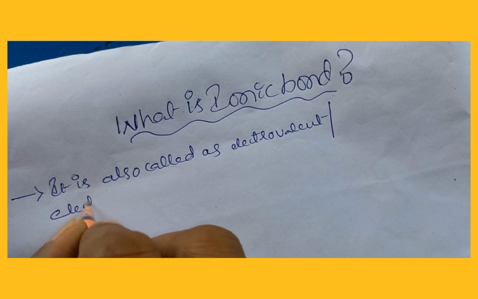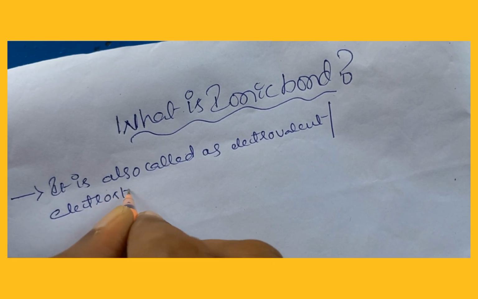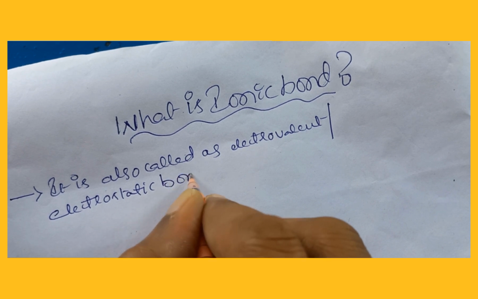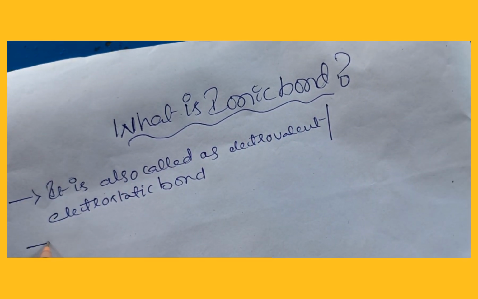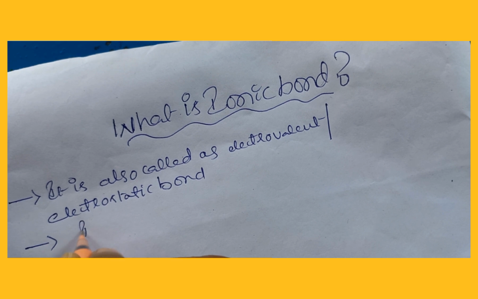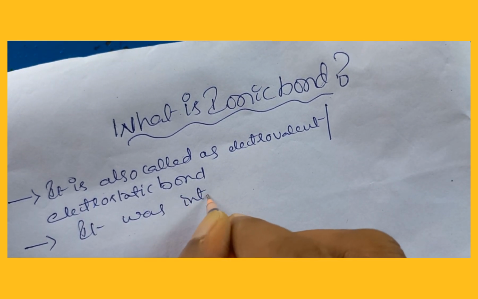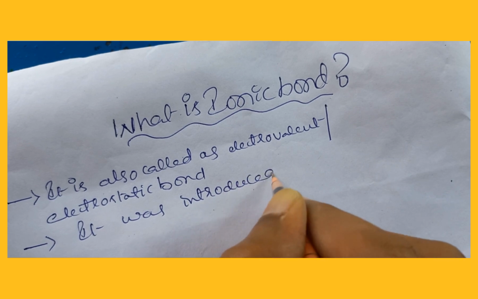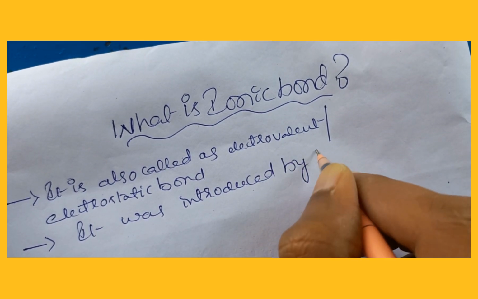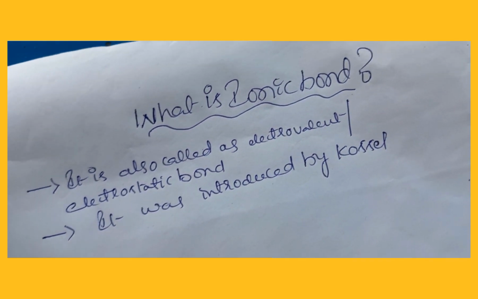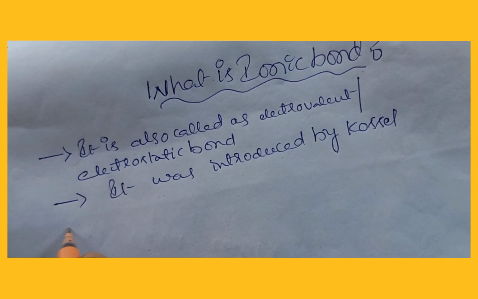Electrovalent bond or electrostatic bond. It was introduced by Kossel. But what is the definition of ionic bond?